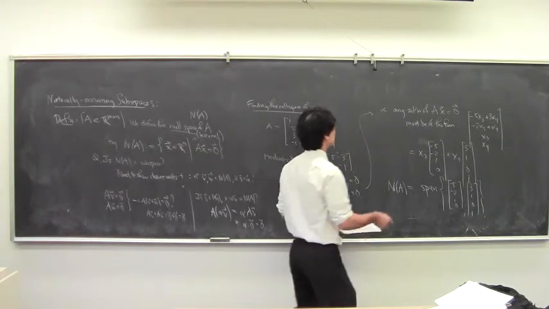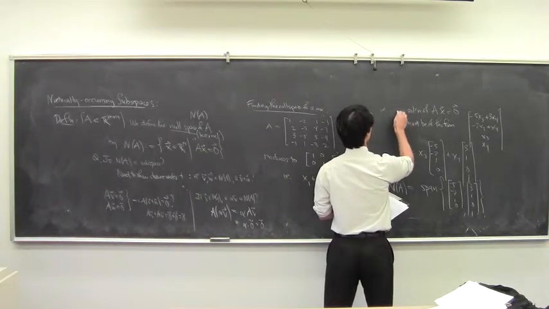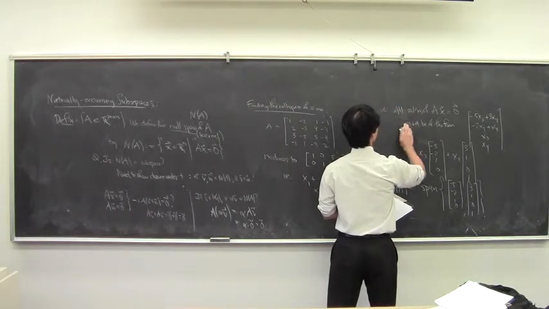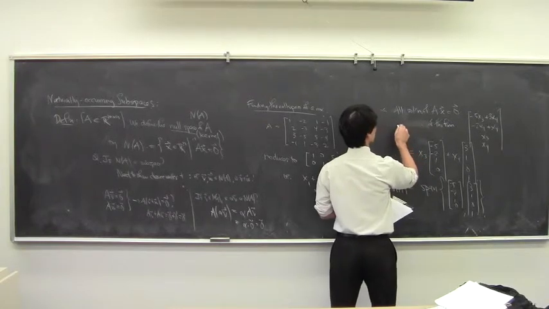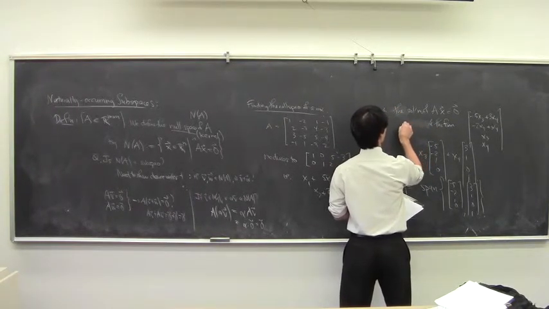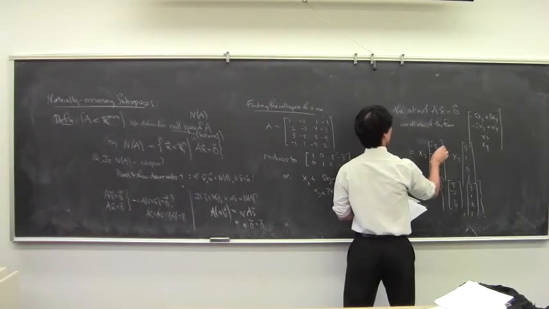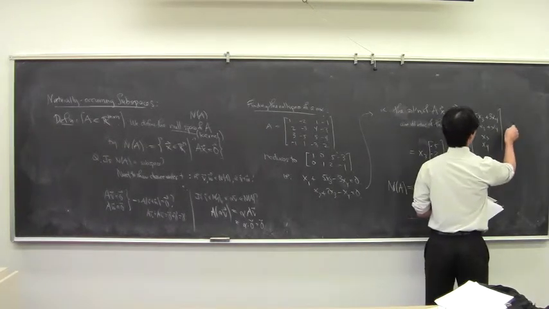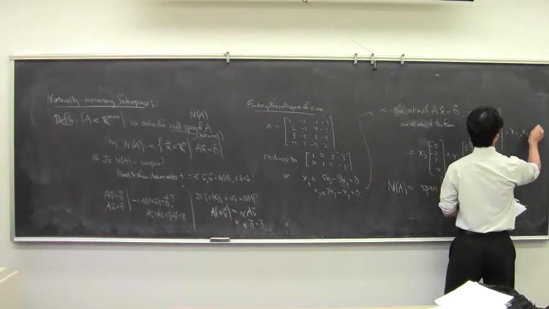This is a little bit imprecise. I should say the solutions are all vectors of the form blah, where x3 and x4 are free.